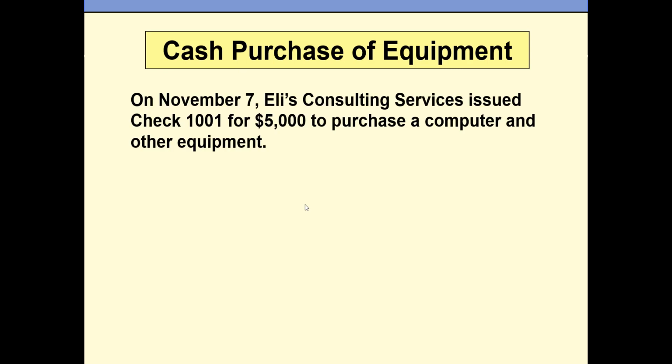On November 7th, Eli's Consulting Services issued a check, check number 1001, for $5,000 to purchase a computer and other equipment. If you remember from our steps to recording a business transaction, our first step is to analyze the event.